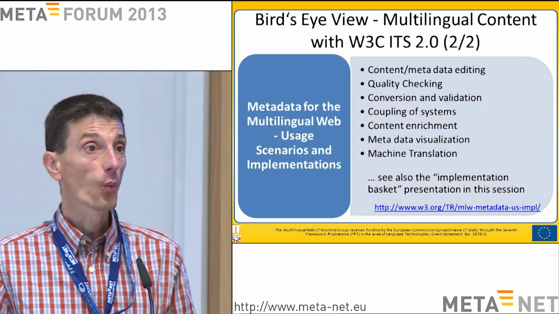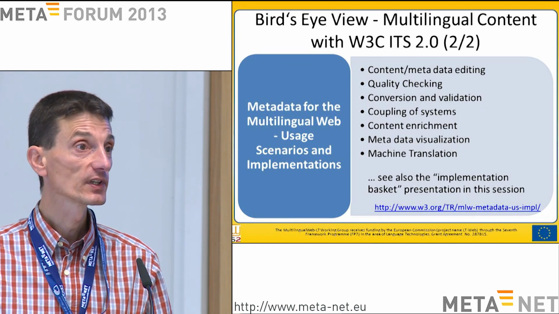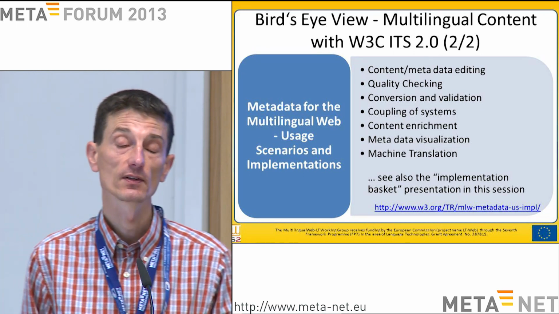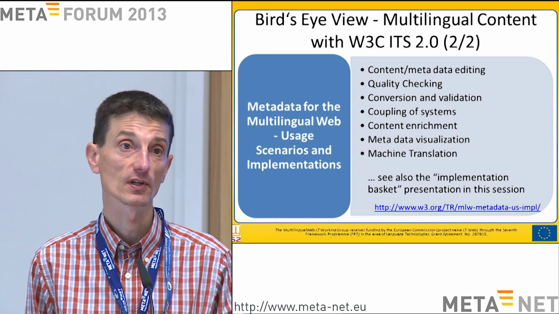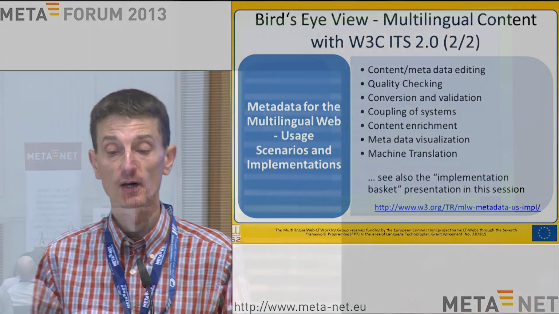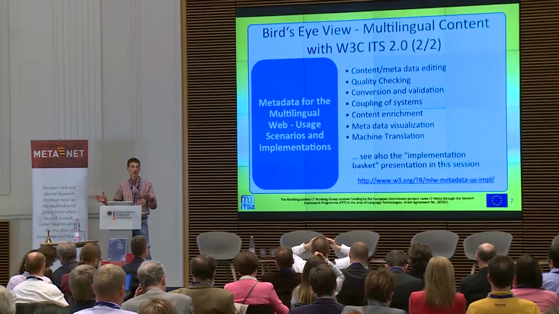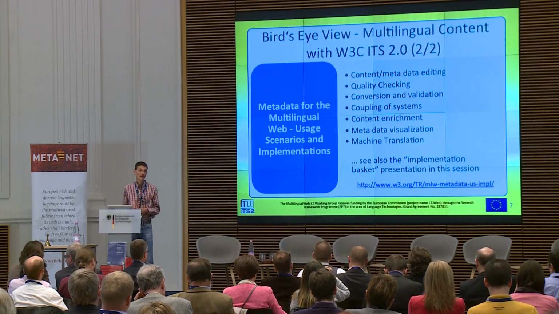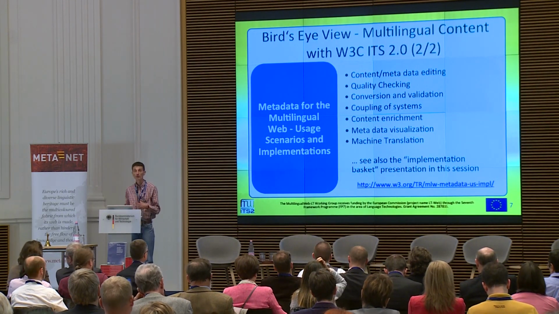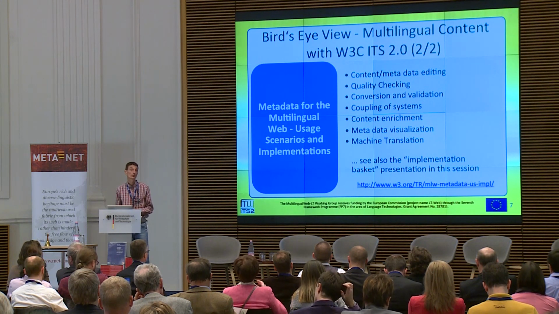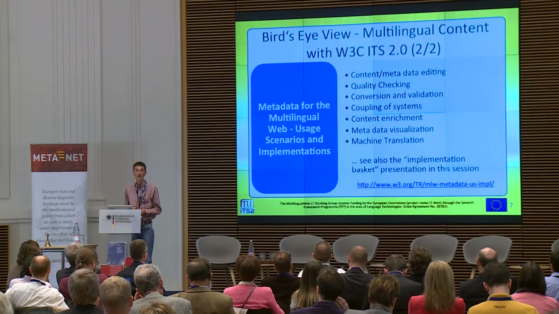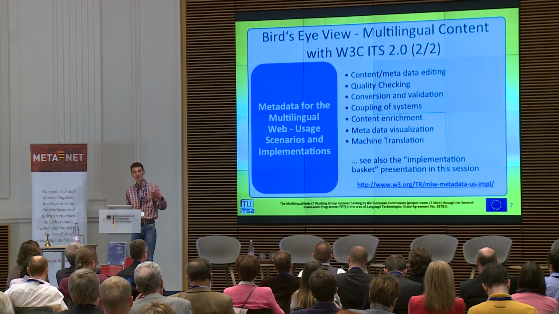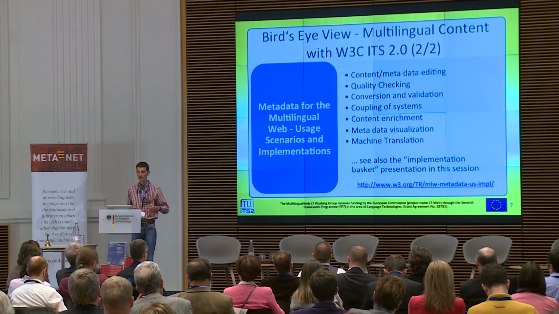Right. Now, with ITS, which areas can you really cover in the overall space of language-related processing? Well, the areas range from original content production, to checking the quality of that content, converting the content into other formats, for example, coupling systems, for example, a content management system to a translation management system.